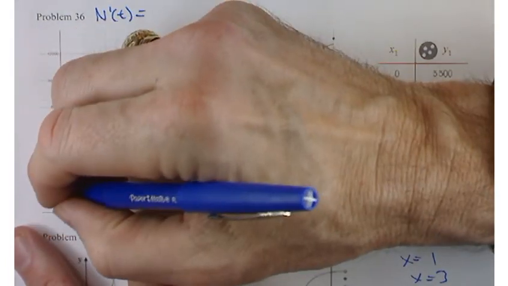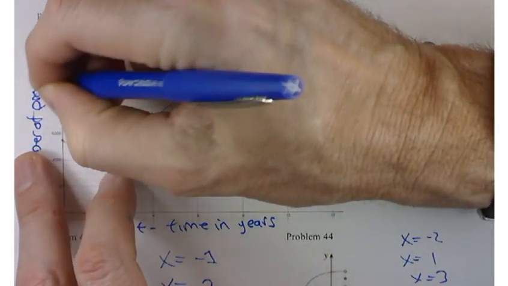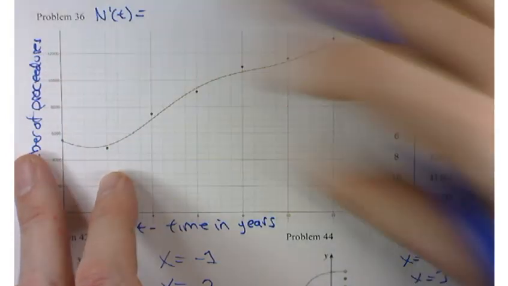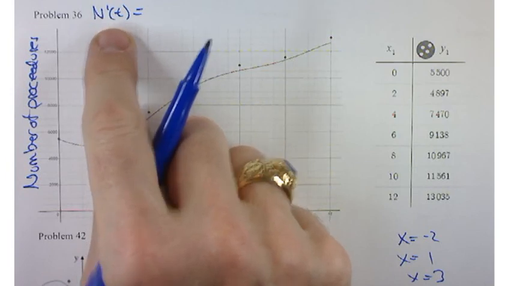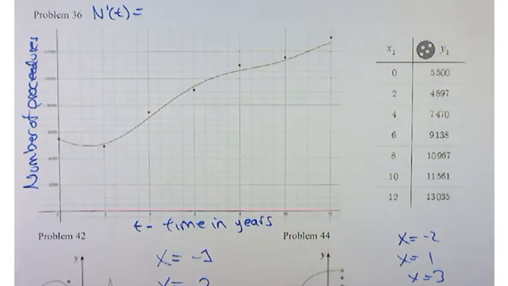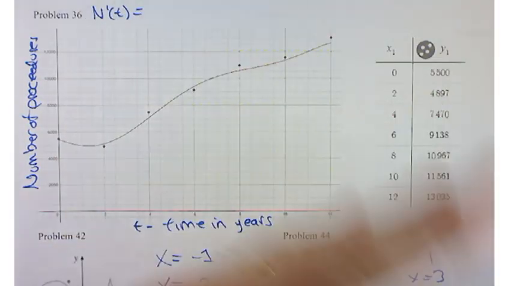And then this is the number of procedures. What is n prime telling you? I mean, we can't necessarily calculate it directly, but what would it tell you? The rate that it's changing, yeah. So the derivative talks about the slope of the tangent line, which measures how a function is changing.